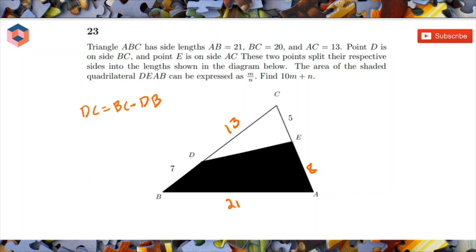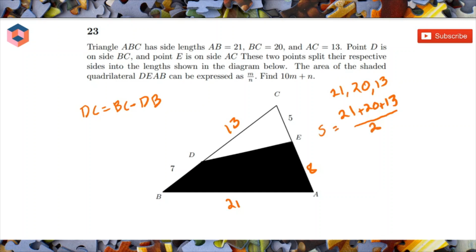Okay, so we have Heron's formula. We have our three sides, 21, 20, and 13. The semi-perimeter is 21 plus 20 plus 13 divided by 2, and S equals that.